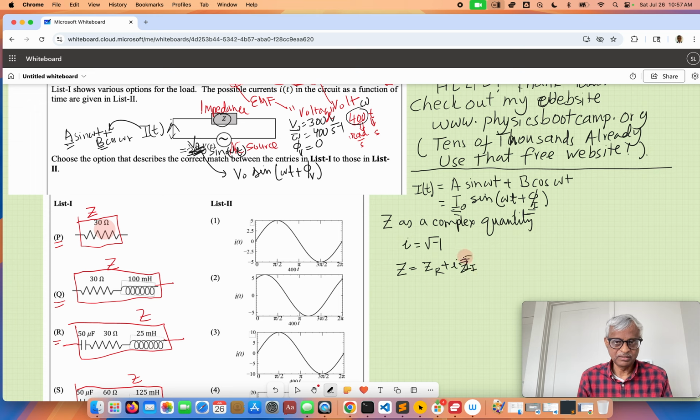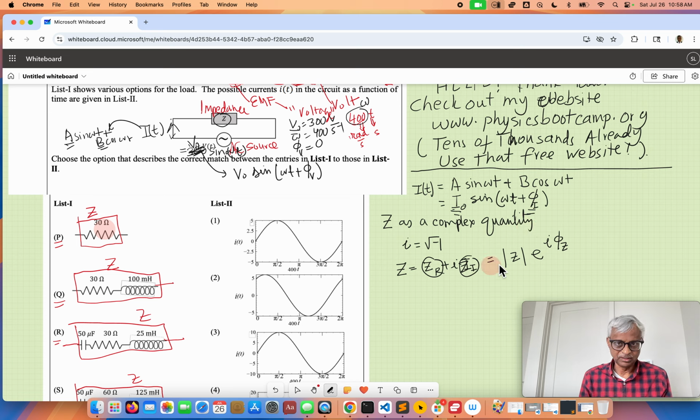This is the imaginary part and this is the real part. You can also write a complex number as some amplitude of z, e to the power i phi, the phase of z. Taking care of the phase becomes much easier if you do it this way.